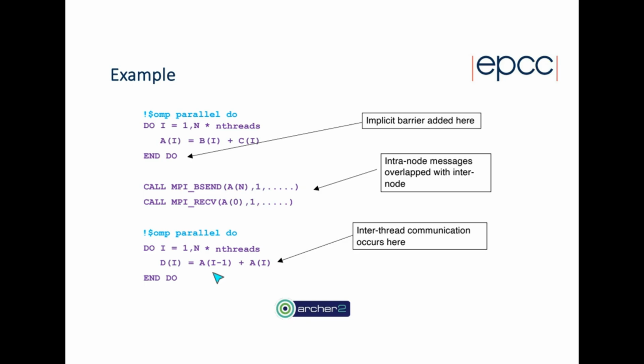So the cache miss that implements that inter-thread communication happens during this parallel region. In particular, that doesn't happen at the same time as the MPI communication.